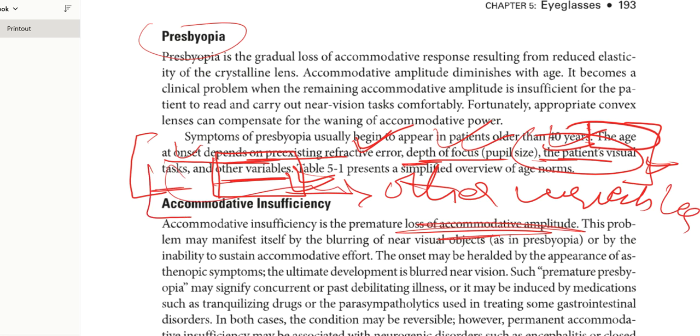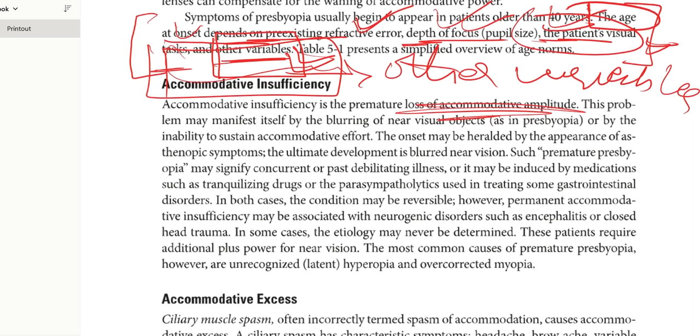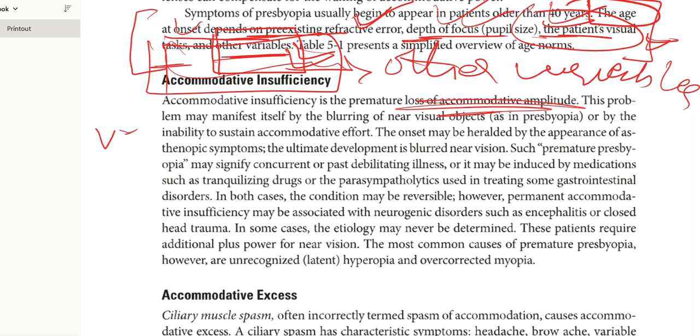Accommodative insufficiency, very important. It is due to premature loss of accommodative amplitude. Please remember, there are reversible and irreversible causes.